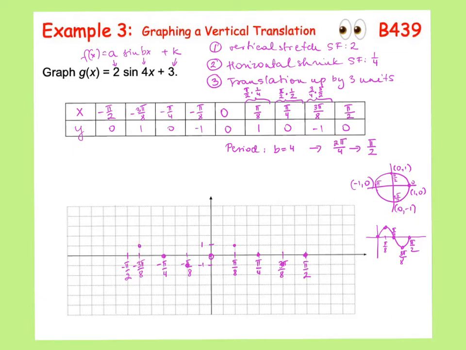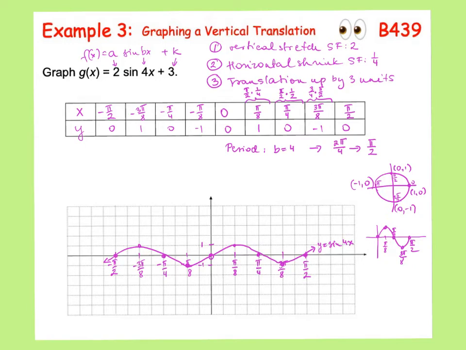And I need to move that negative pi over 2 just 1 square over. So this is going to be negative pi over 2. So here is our 0 again. So let's go ahead and create our sine curve, which, as I said, includes our horizontal shrink. So this here is going to be y equals sine 4x.